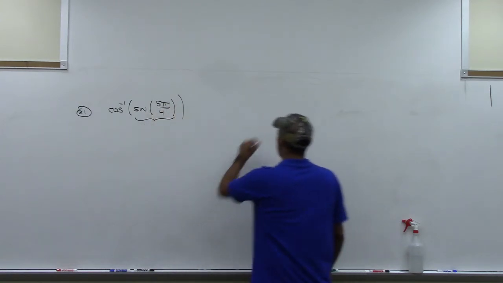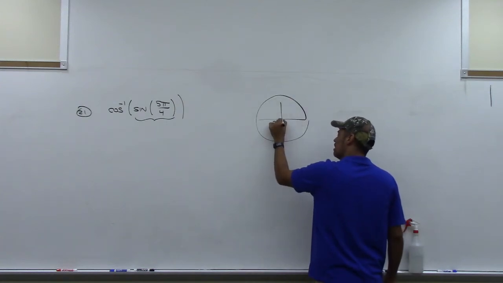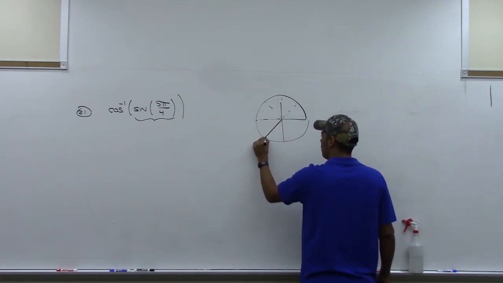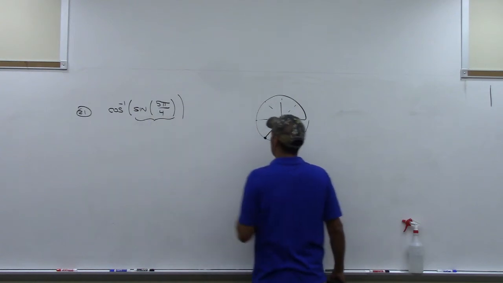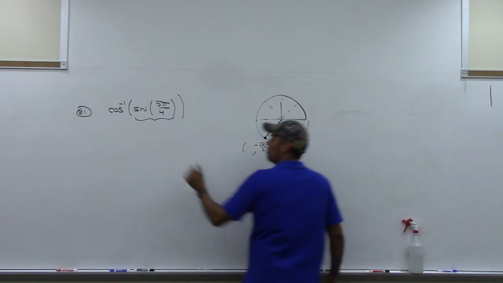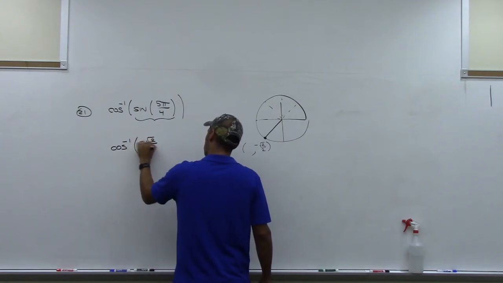So I'm just going to figure out what that is real quick. 5 pi over 4 is right here. So there's 1 pi over 4, 2 pi over 4, 3 pi over 4, 4 pi over 4. There's 5 pi over 4. Sine of that angle is the y-coordinate. The y-coordinate here is negative root 2 over 2. So what this is really saying is what's the arc cosine of negative root 2 over 2.